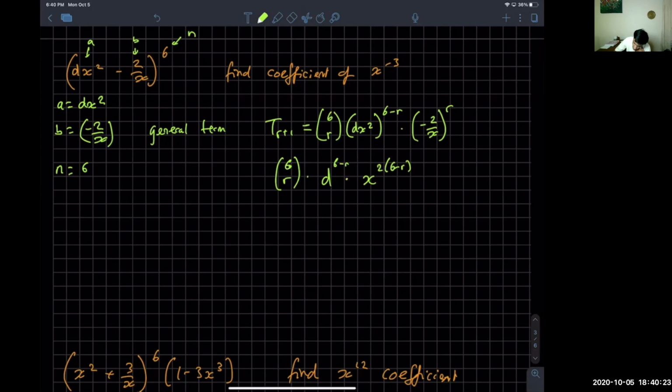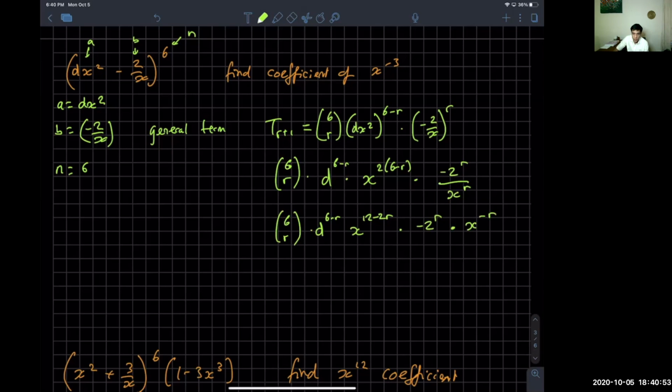So d is to the 6 minus r power and x squared is to the 6 minus r power, multiplied by negative 2 to the power r over x to the power r. Okay, that's my entire expansion. Let's keep going. 6 C r times d to the 6 minus r. Simplify, this becomes x to the power 12 minus 2r multiplied by negative 2 to the power r multiplied by x to the power negative r.